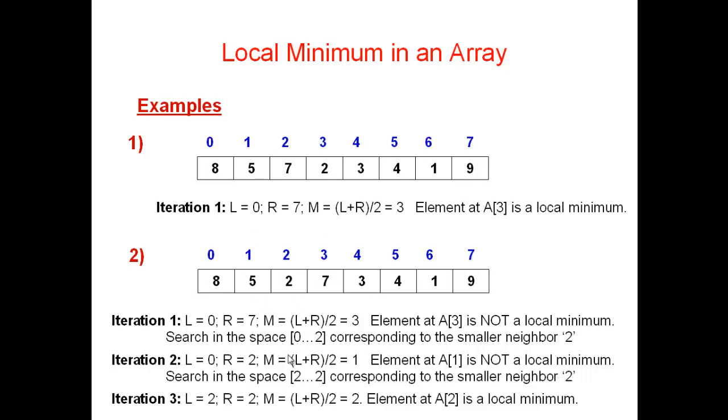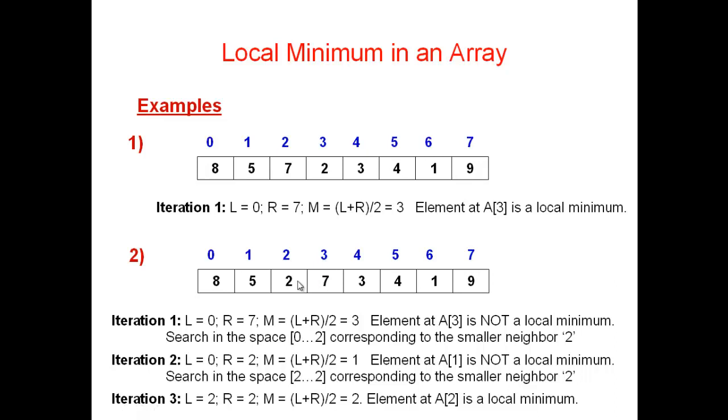We are also sure that the local minimum cannot be at the middle index 3, because the element there is greater than both its left and right elements. And we decided that the local minimum would be in the left search space. So it's time to move the right index to the left. The middle index is 3, and that value cannot be the local minimum.